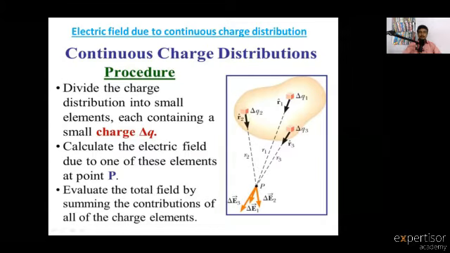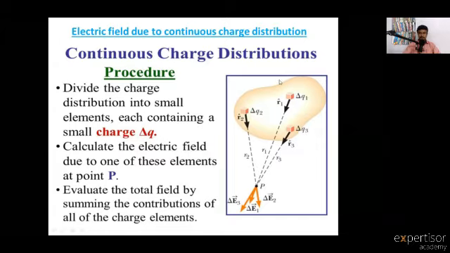Look here, electric field due to continuous charge distribution. Before going to that, look at this diagram. This is the unshaped rigid body.